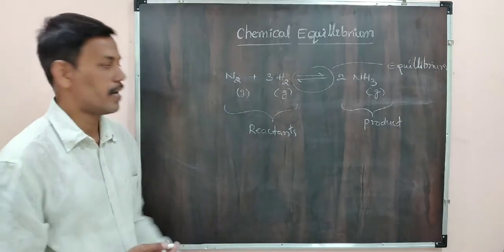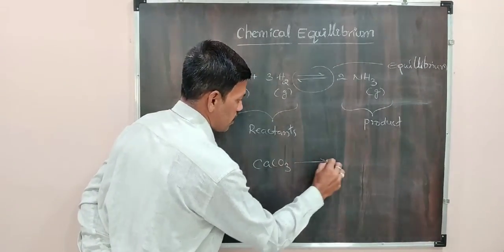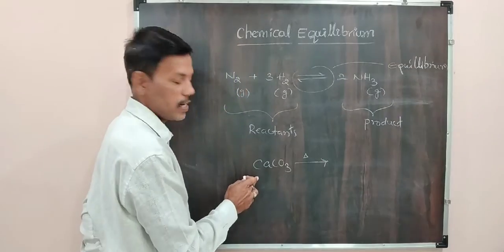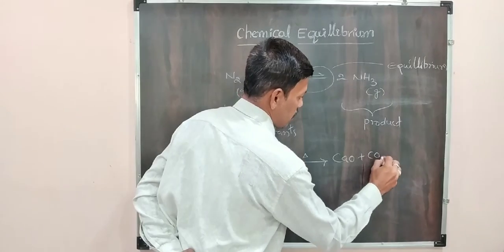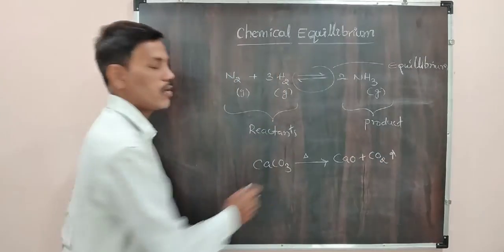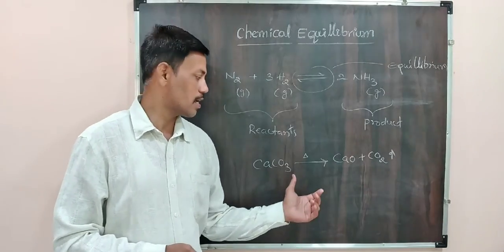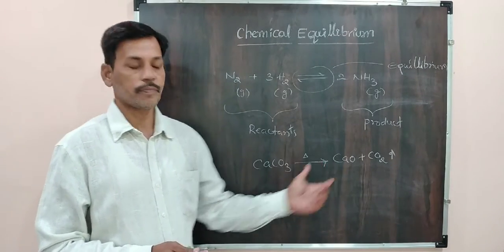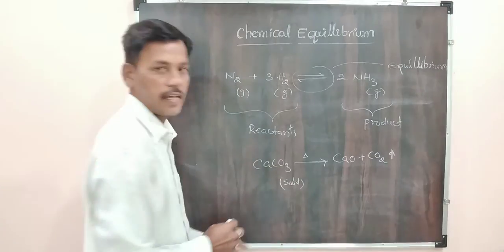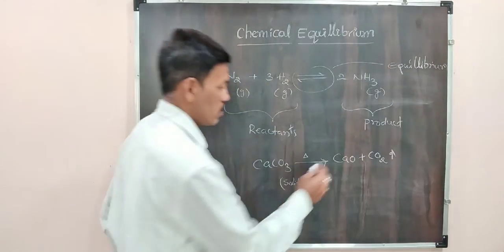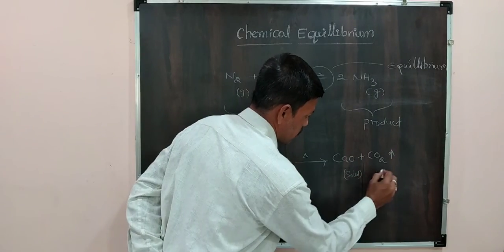are done in a single direction. For example, calcium carbonate gives calcium oxide and carbon dioxide. Here this arrow shows a single direction chemical reaction. In this single direction reaction, the solid calcium carbonate dissociates into solid and gaseous forms.